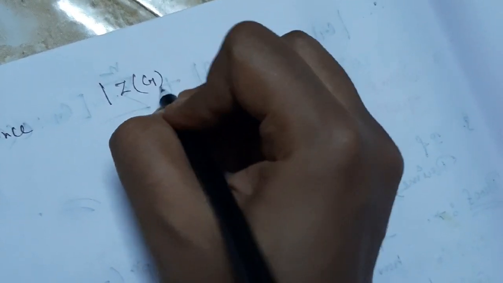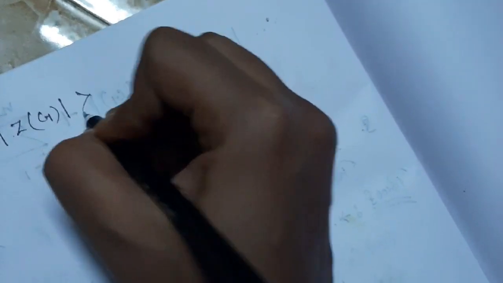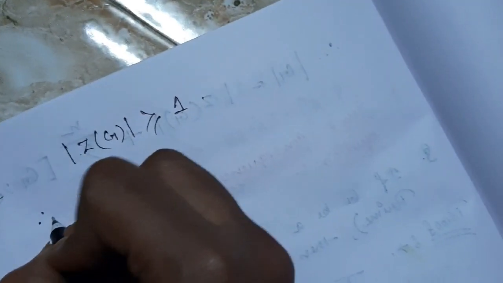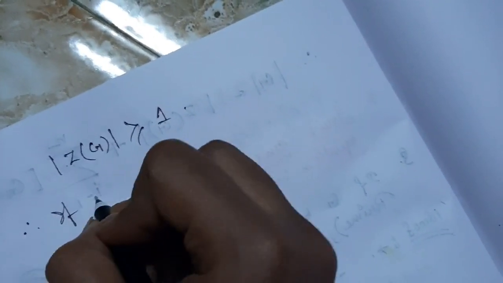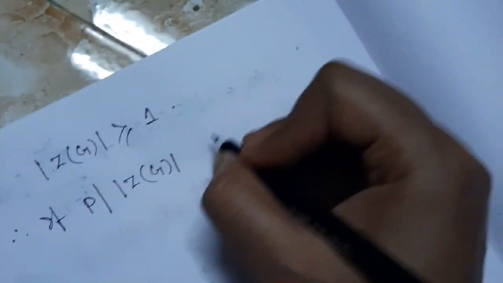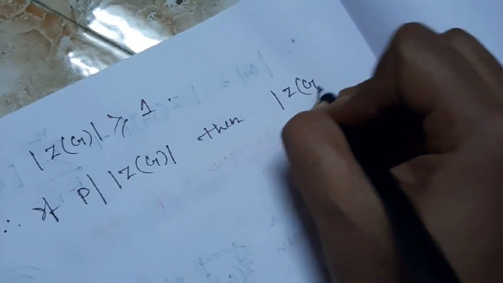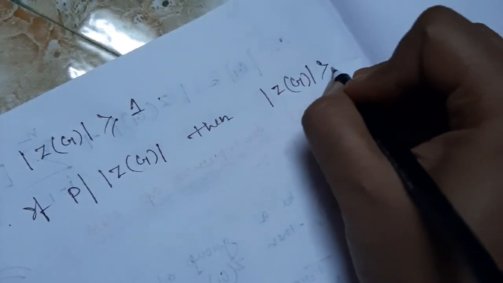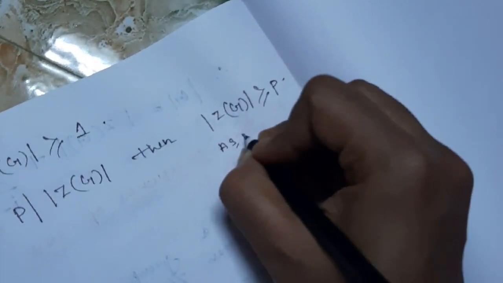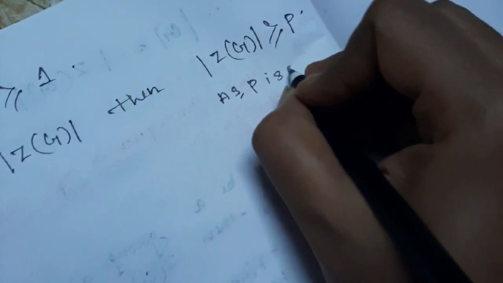Therefore, if p divides this one, then cardinality of ZG must be greater than or equal to p, as p is prime.